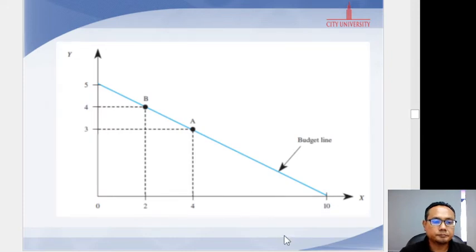This is what you can see, the budget line, from this figure.